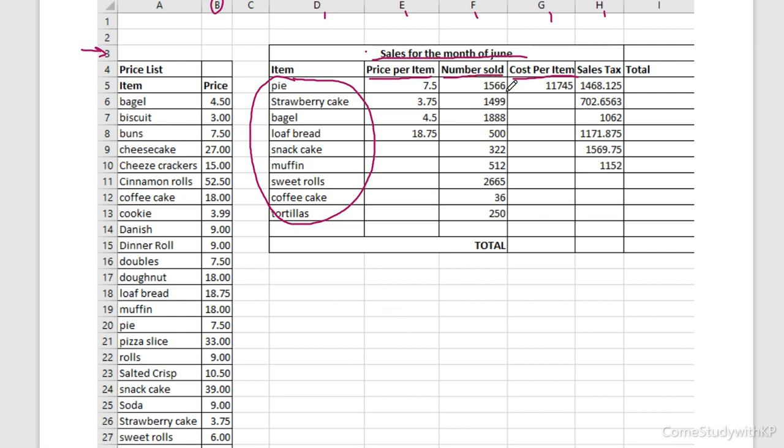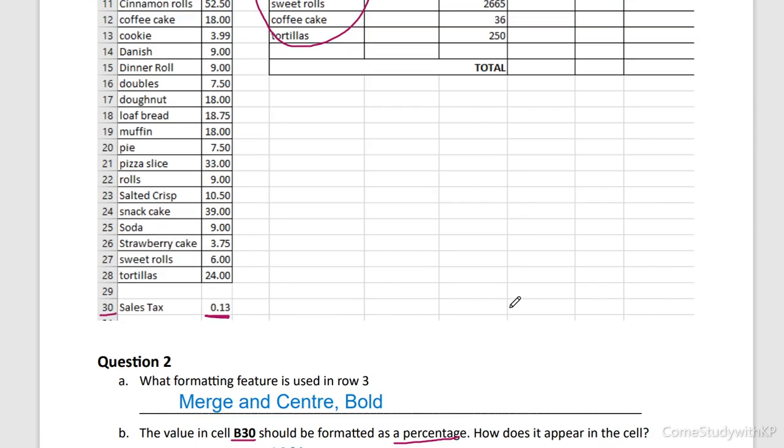So that would be, we're looking at G, so G5, this row is 5, we would say E5 times F5 would give us cost per item.